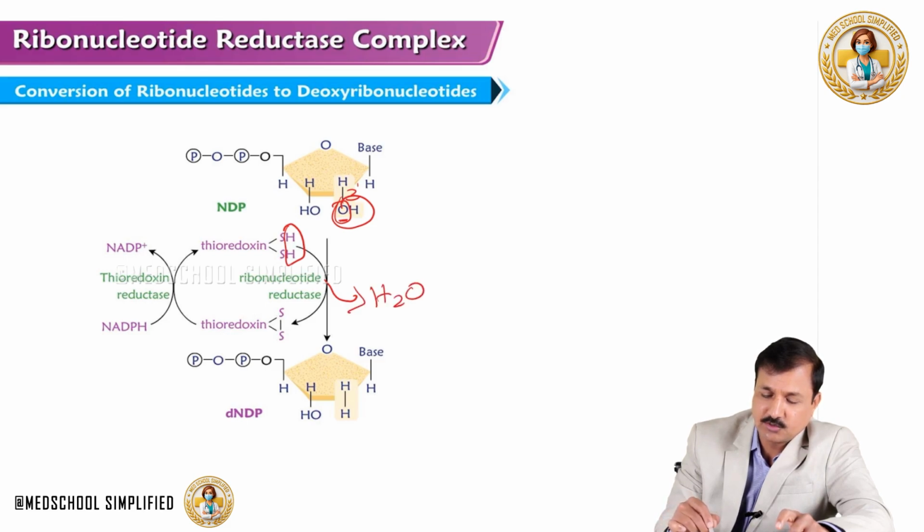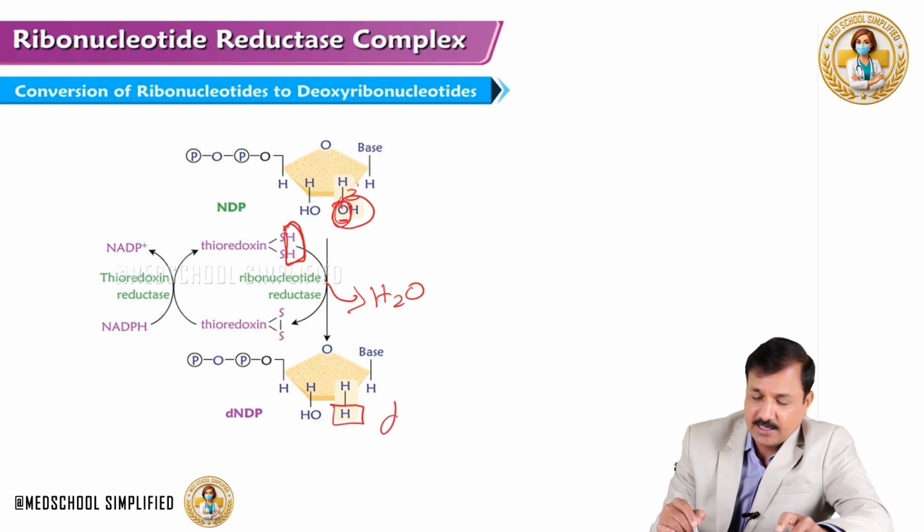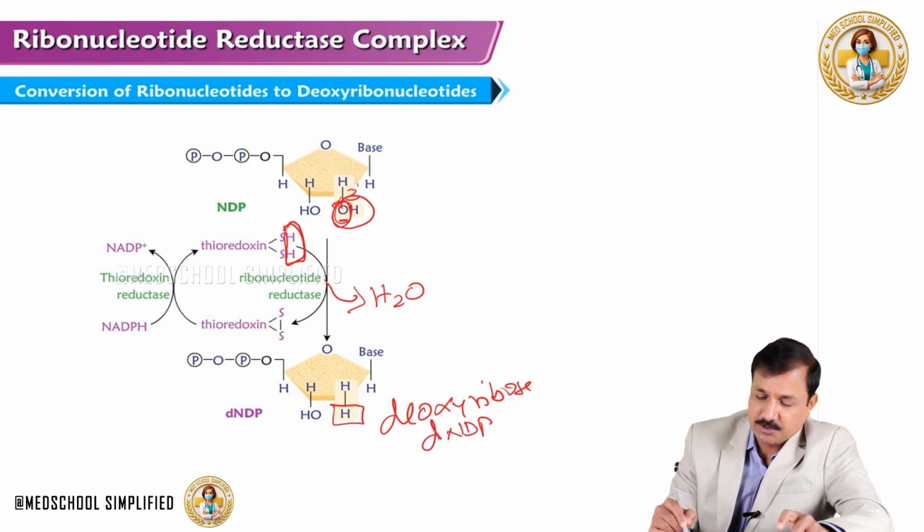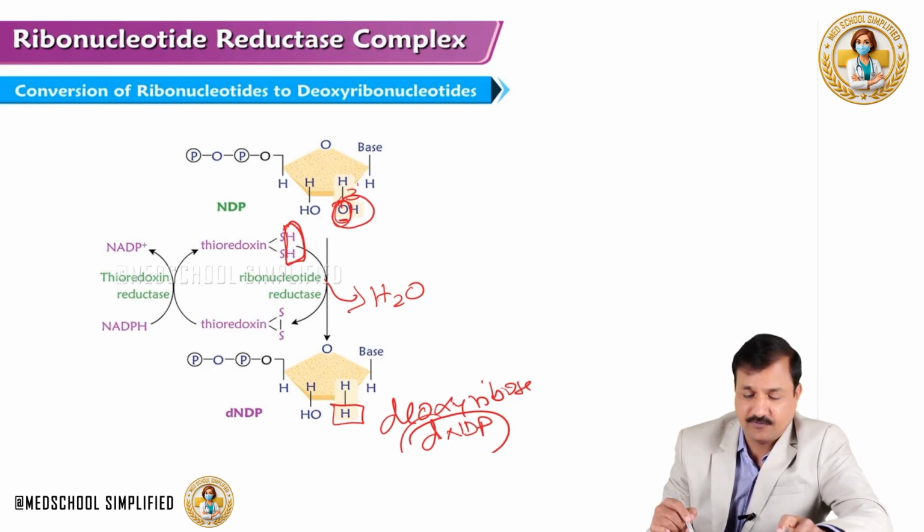The two hydrogens from SH and SH come from thioredoxin, and the oxygen comes from this hydroxyl group. That's where the 3' hydroxyl group is dehydroxylated, and it becomes a deoxyribose. So that is d, and then deoxyribonucleotide diphosphate.